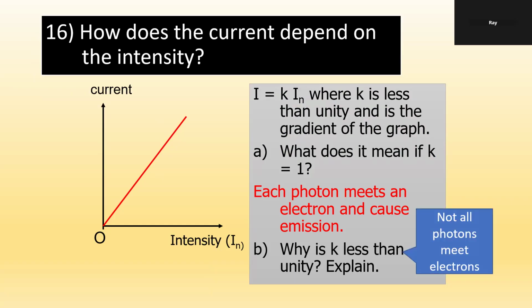If it's 1, every photon you send in meets an electron. But both photon and electron are very small, so sometimes the photon may not meet an electron and will just pass through the metal. That's why k is less than 1.